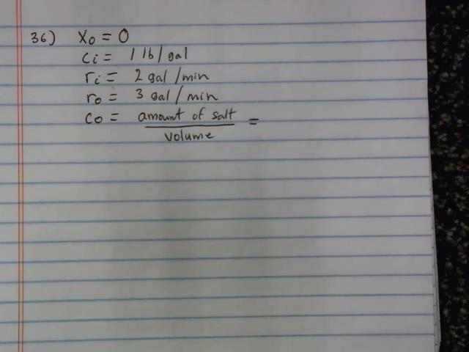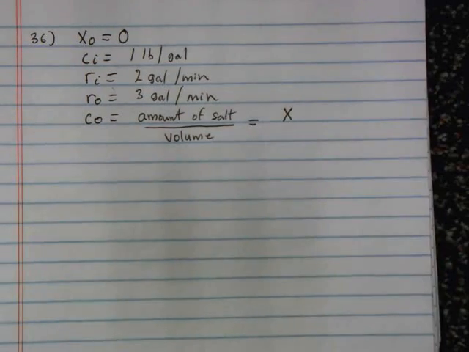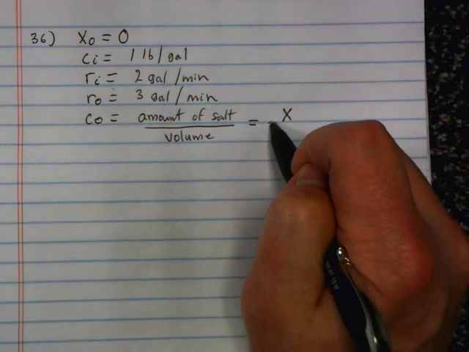No. It's x. It's not x0. x0 is the amount of water at the beginning. It's just x. x is our function that we're looking for. x is our function, which tells us how much salt is in the tank. So our amount of salt is always x. That's the easy one.